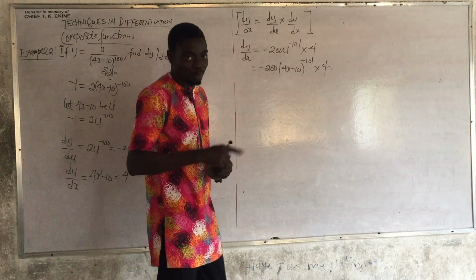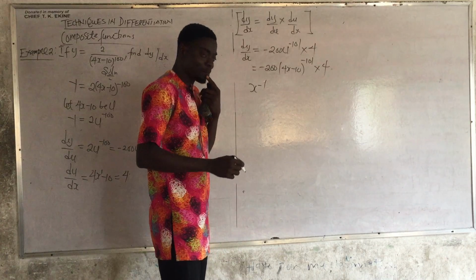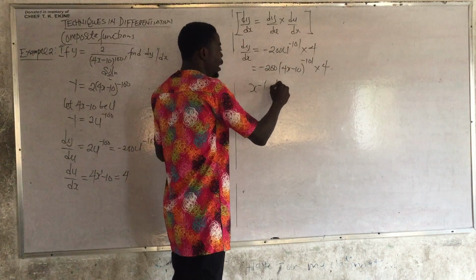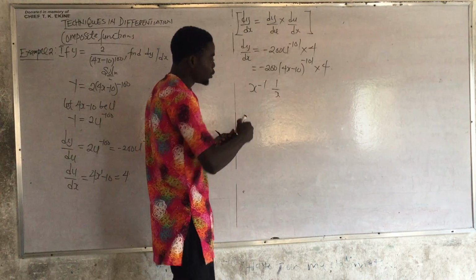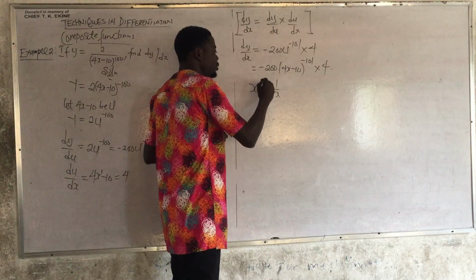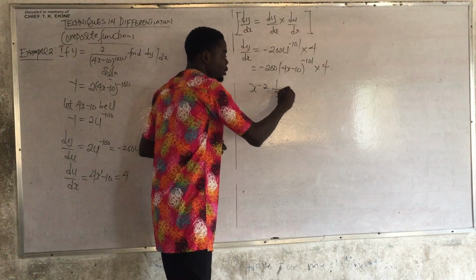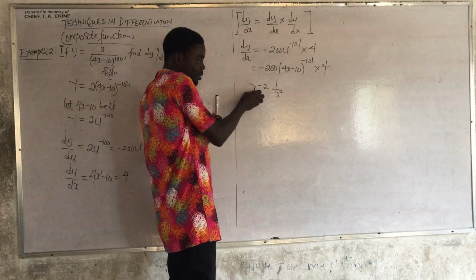Take note, in indices, if you have x raised to the power minus 1, it means 1 over x, because this minus means 1 over. In other words, x will come down. Assuming this is x to the power minus 2, it will be 1 over x all squared, because the minus will bring x down.